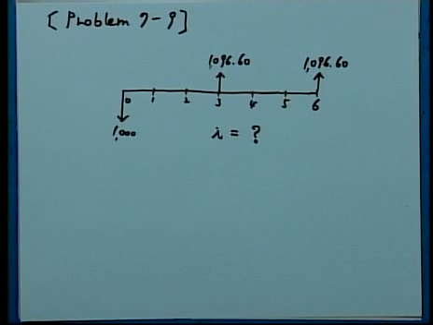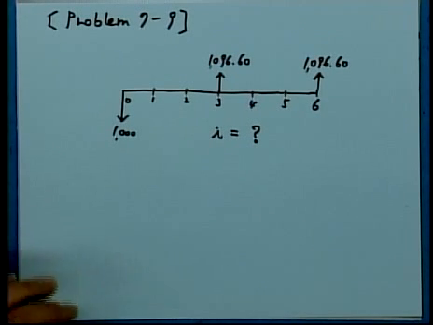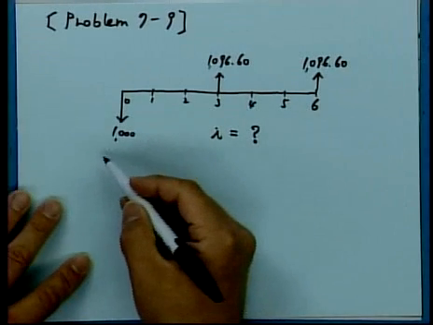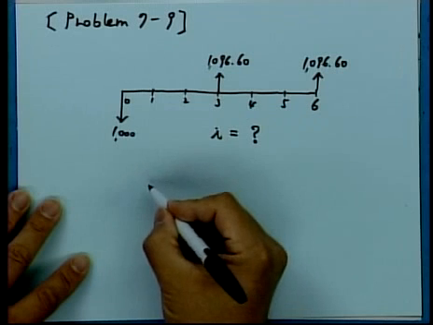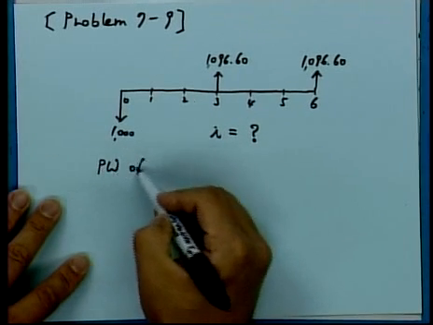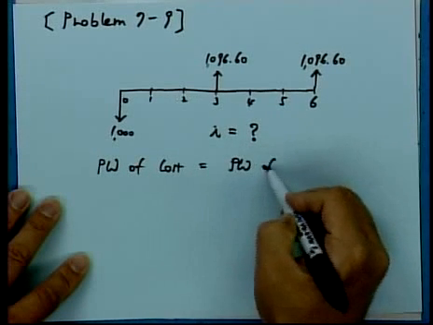So in order to compute the rate of return, we may use present worth of benefit equal to present worth of cost, right? So present worth of cost equals present worth of benefit.